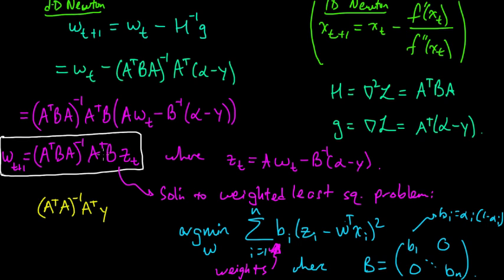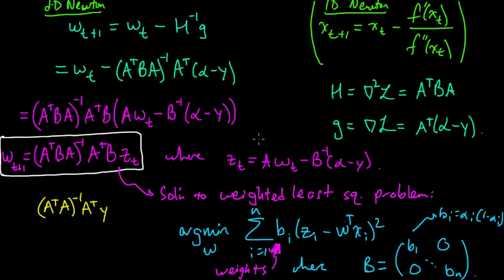So it's nice that applying Newton's method to this problem actually gives you a solution to a weighted least squares problem. As a result, people refer to this as iteratively reweighted least squares. Why is it reweighted? Well, the iteration is clear, you're iterating.